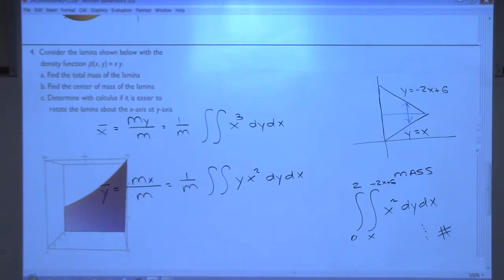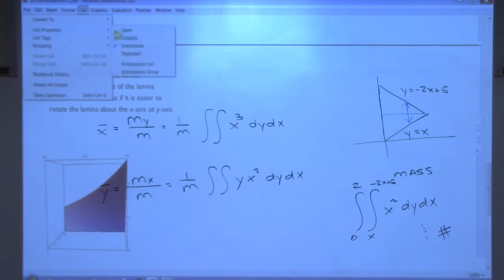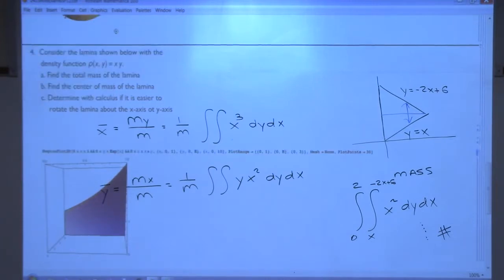On the x bar and the y bar? Yes? On the notes, it's multiplied by y for x bar. Mm-hmm. Inside the integral, can you get x? What did I do? Hold on a second.